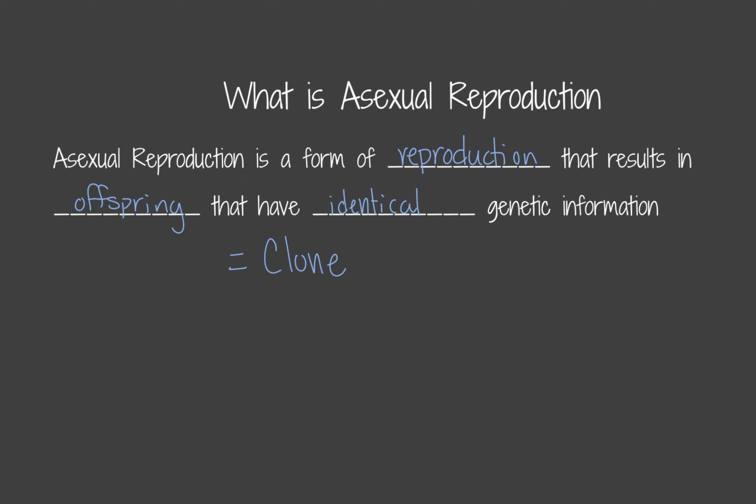In humans, we don't have asexual reproduction, but there is actually one way that we can get offspring that are genetically identical, and that's if that fertilized egg splits. So when we're first fertilized, an egg cell is fertilized by a sperm cell, and there's something like 2 or 4, very, very few cells in that developing embryo.